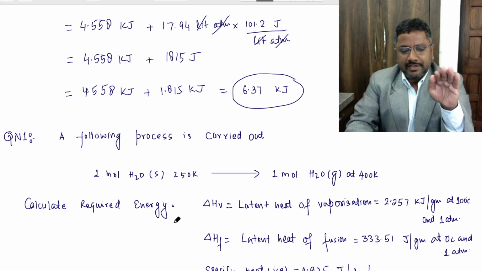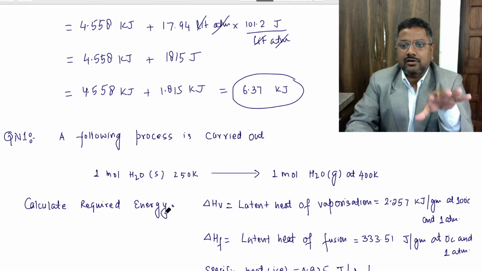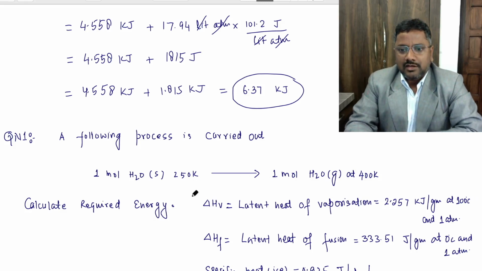Because deliberately I have written this so that you can think about what we are going to calculate here, delta H or delta E. See, is this conversion under constant pressure or constant volume?